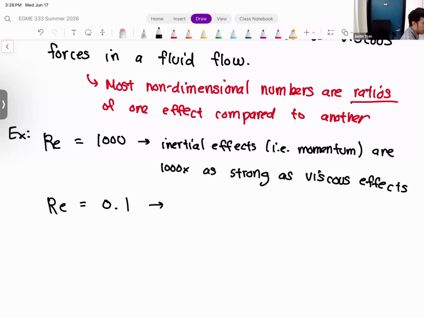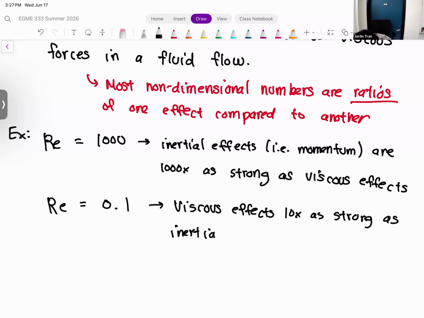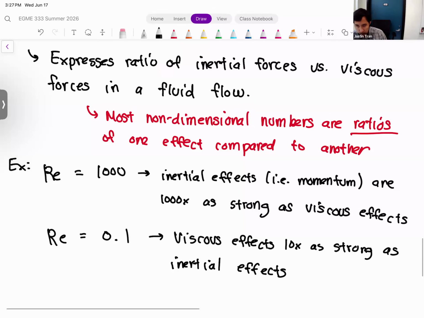That's something you would learn in graduate school, just because creeping flow has its own theory. But with a Reynolds number of 0.1, at least on the surface level, you can say that for this type of flow, the viscous effects are 10 times as strong as the inertial effects. So again, we're not really going to be in that regime much in this class.